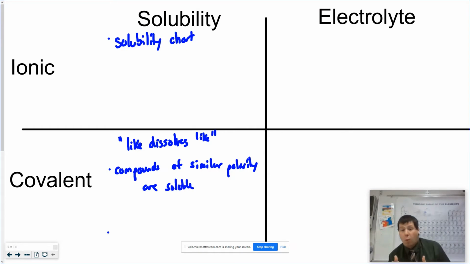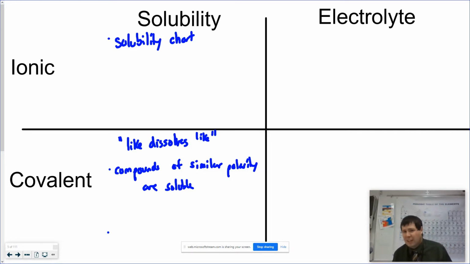You might recall that water is a polar molecule and sugar is also a polar molecule. So because sugar is polar and water is polar, they will dissolve in each other. Whereas oil is nonpolar. So if you try to put oil in water, they won't mix because they don't have similar polarity, which has to do with their intermolecular forces. Okay, so that's how you figure out if something's soluble.